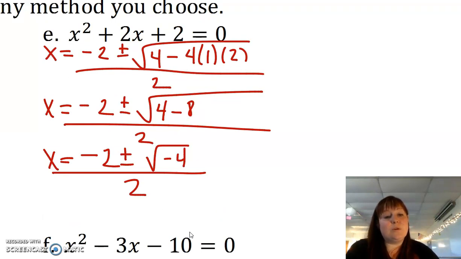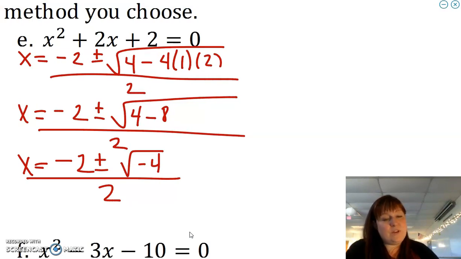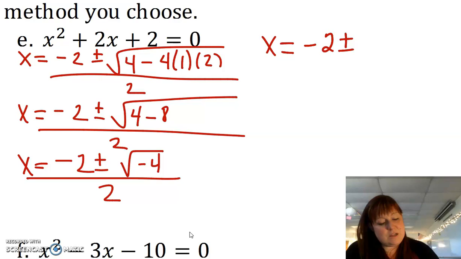So now we have the square root of negative 4. What's the square root of negative 4? It is 2i, because the square root of negative 1 is i, and the square root of 4 is 2. So x is equal to negative 2 plus or minus 2i over 2.